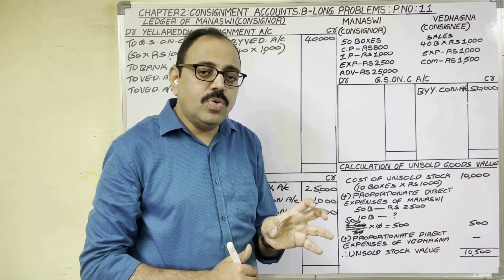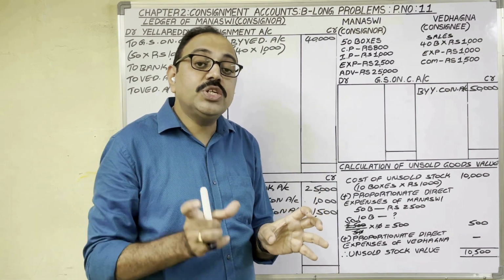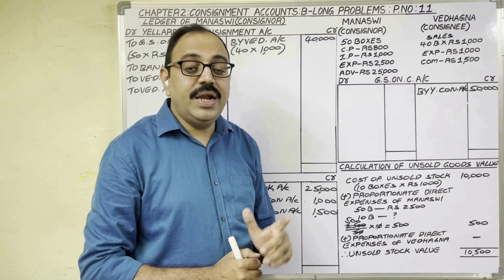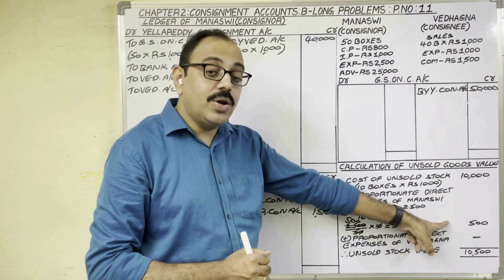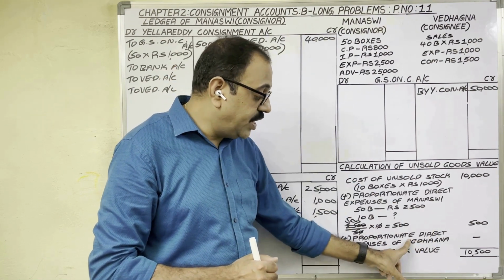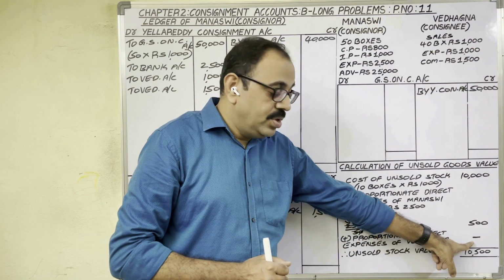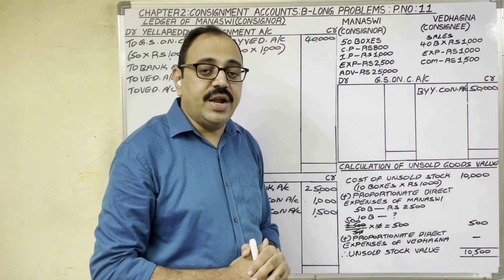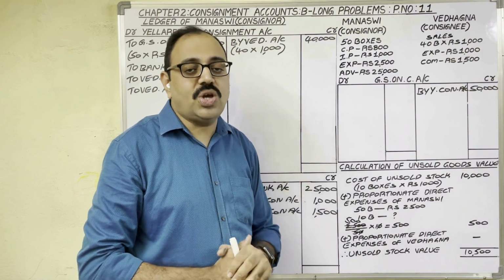So on the same goods, again and again these expenses are incurred. Means these are indirect expenses. Indirect expenses we should not add to unsold stock. Therefore, direct expenses of consignee is nil. So 10,000 plus 500, 10,500 is the value of unsold stock.